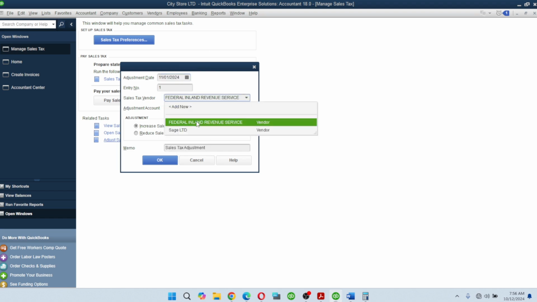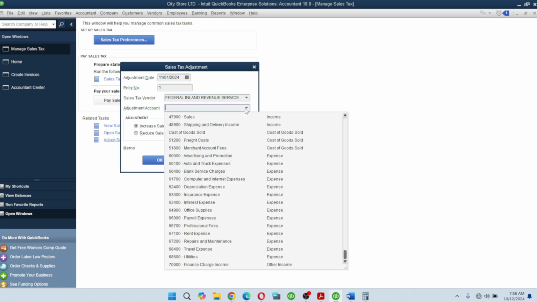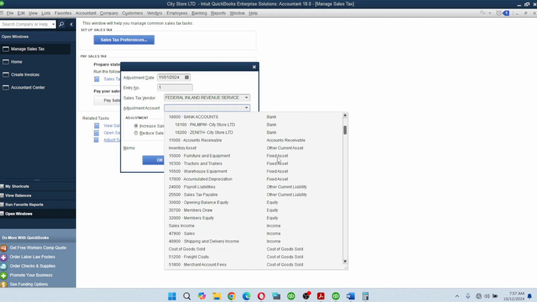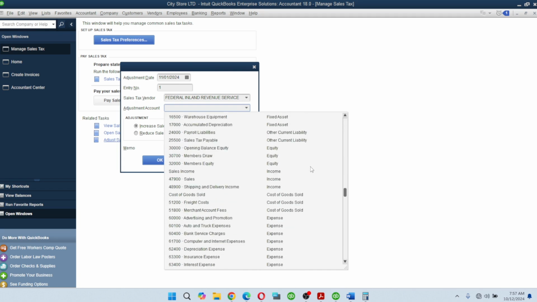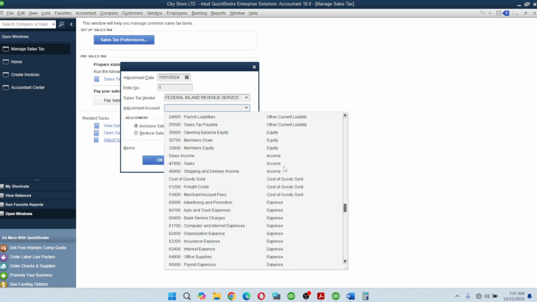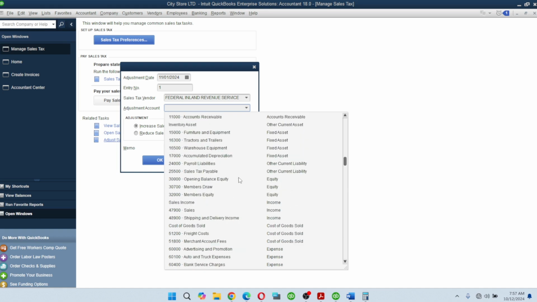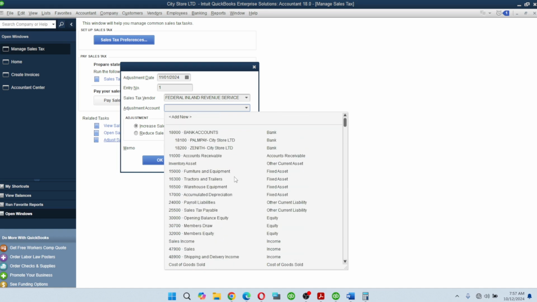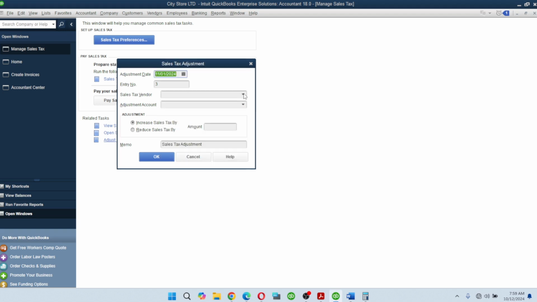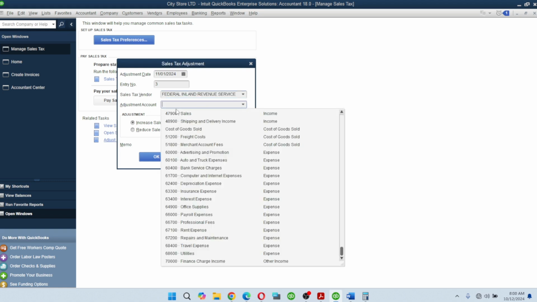Then you select the vendor, then the adjustment, and which account you're adjusting. You're adjusting your sales tax account. Sorry, you select a different account because you want to take the money back. We want to reduce the account.